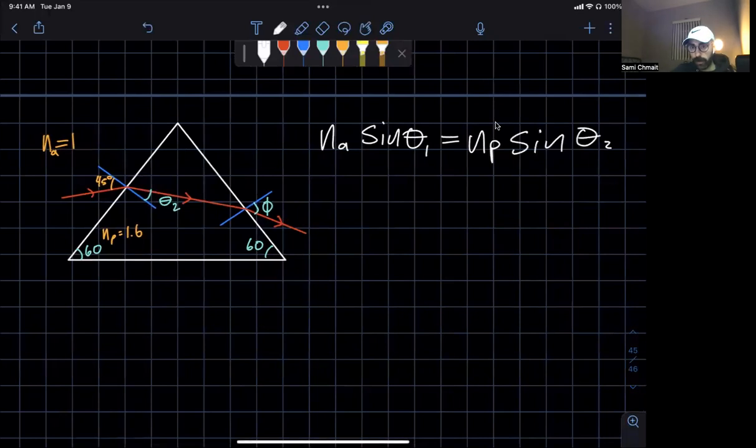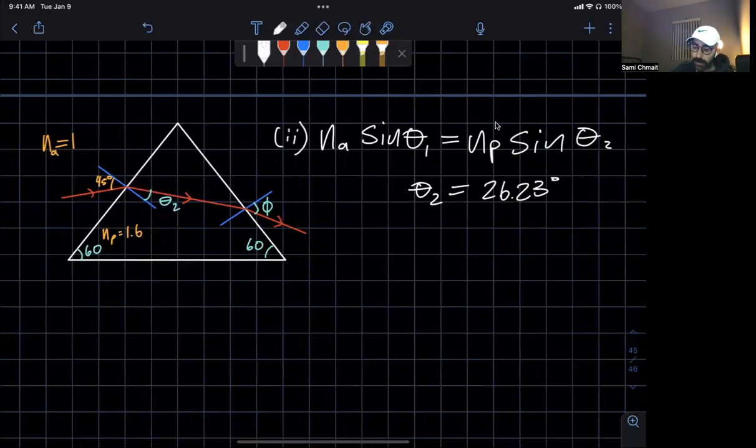Solve for theta 2. I'm not going to go over how to do that, but it's just inverse sine. You'll have sine 45 over 1.6. That'll come out to 26.23 degrees.